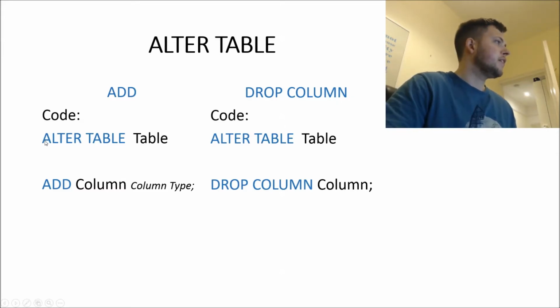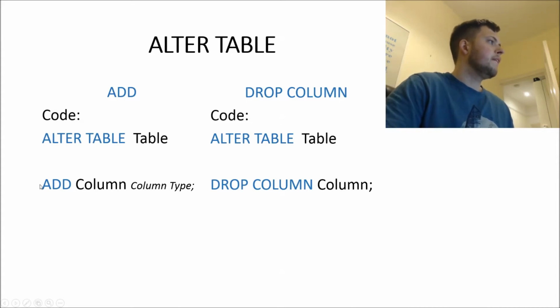How it works is you type in alter table and then the name of the table, and then add a column, and then the column name you want for your column, and then the column type, so whether it's an integer, a date, and so on. And then for the drop column you type in alter table again, the name of the table, but it's a little bit easier this time where you just type in drop column and then the name of the column, and then always end it in a semicolon.